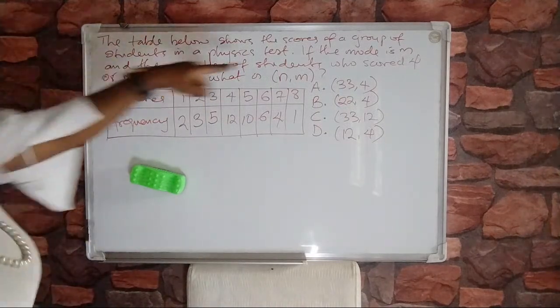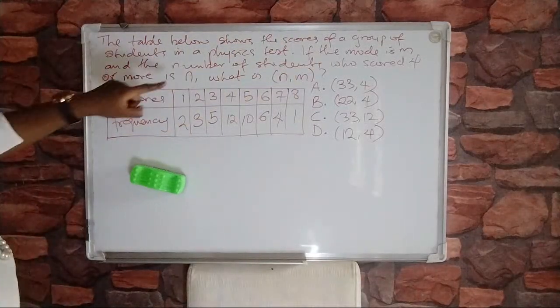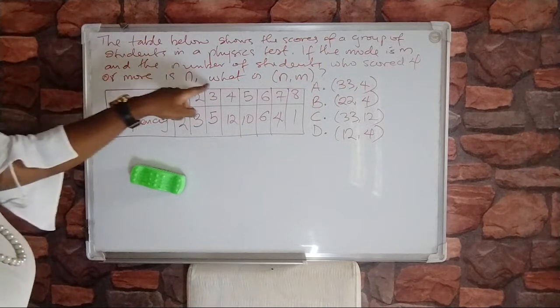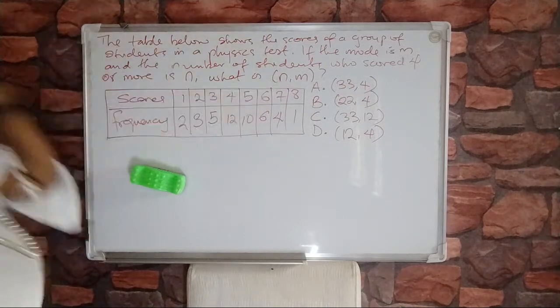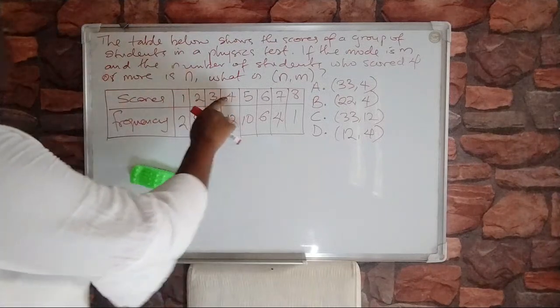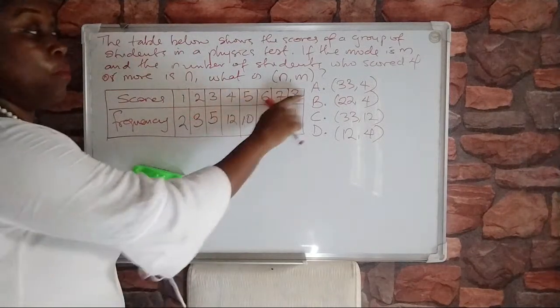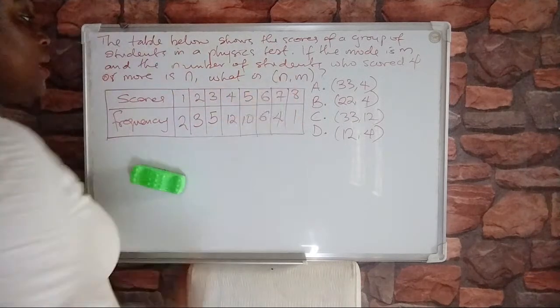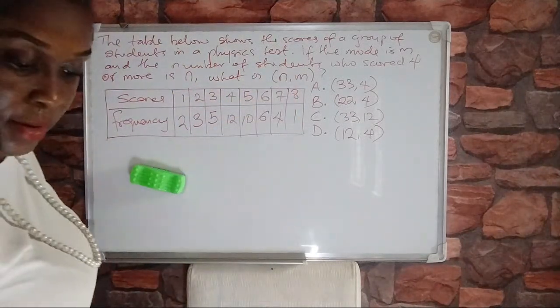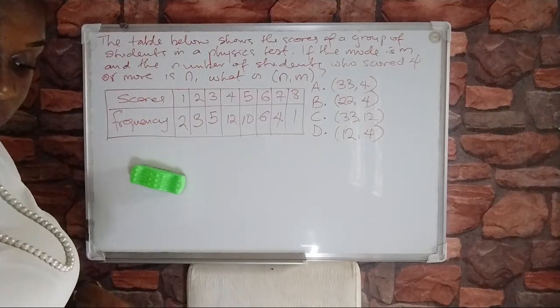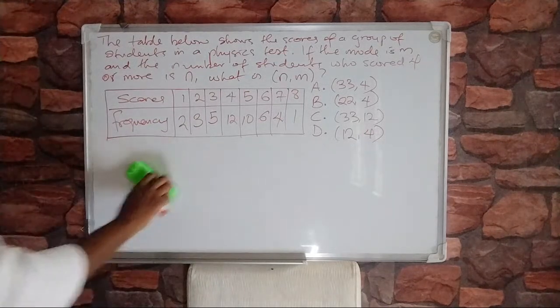So the mode is M, and the number of students who scored 4 or more is N. All right? So we're going to say the number of students who scored 4 and above.